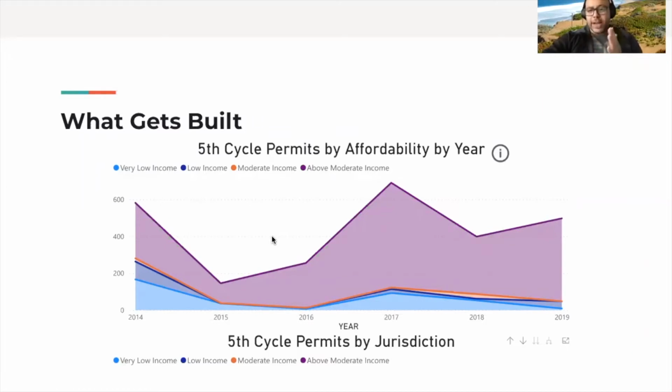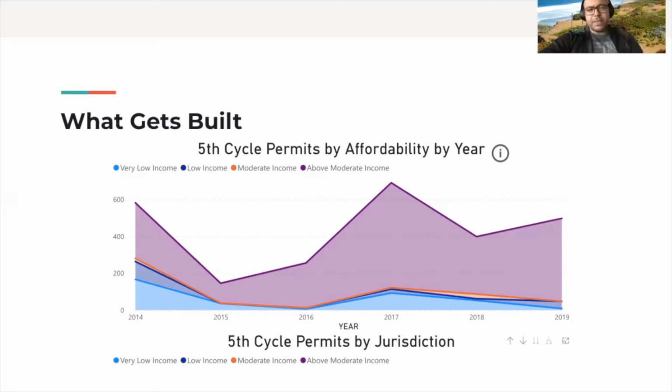You're allowed to build extra to subsidize those affordable homes within your own development. And then they'll sprinkle in a couple extra to sweeten the pie and incentivize it. So you often get a little bit of affordable and a lot of above moderate, and they'll continue like that over time.